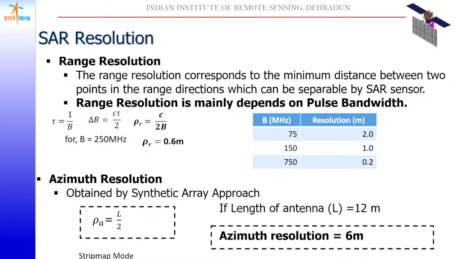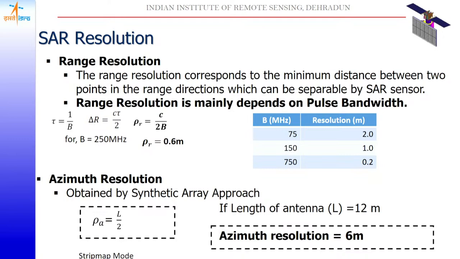And second is the azimuth resolution. Azimuth resolution we are actually getting through the synthetic aperture approach. Both concepts will be detailed in the next lecture, which is called SAR data processing. So why that is C by 2B and why this is L by 2, we will learn in the next SAR data processing lecture.